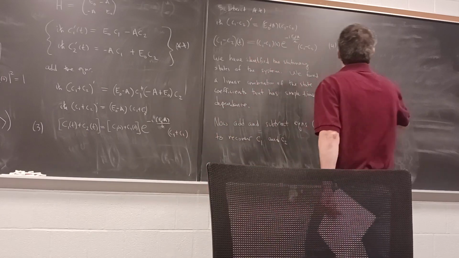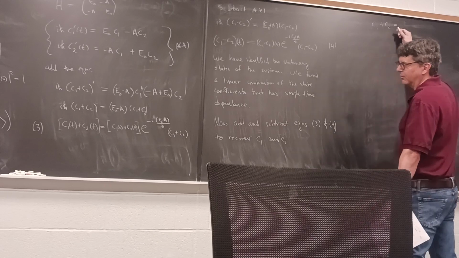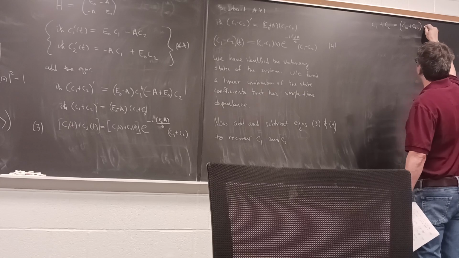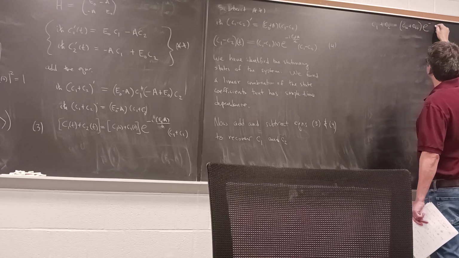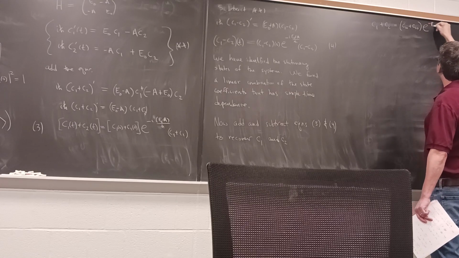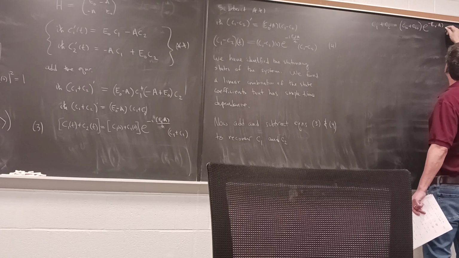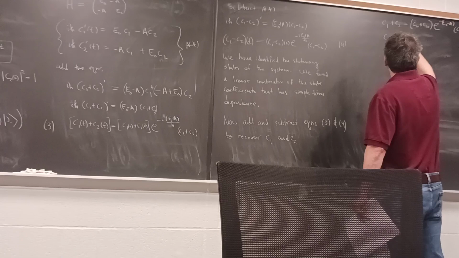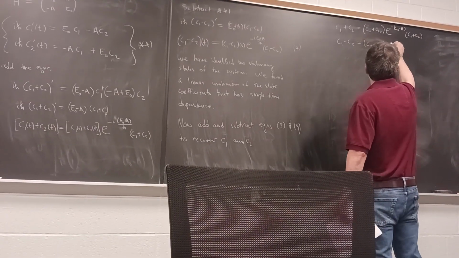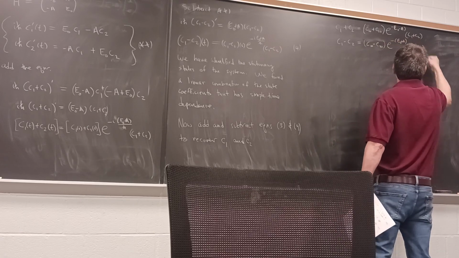We have C1 plus C2 is equal to the constant C1(0) plus C2(0) times e to the minus (E0 minus A), and C1 minus C2 is equal to C1(0) minus C2(0) times e to the minus (E0 plus A).